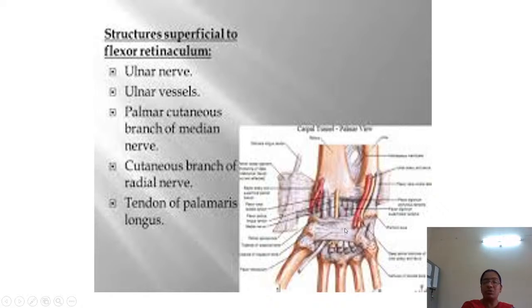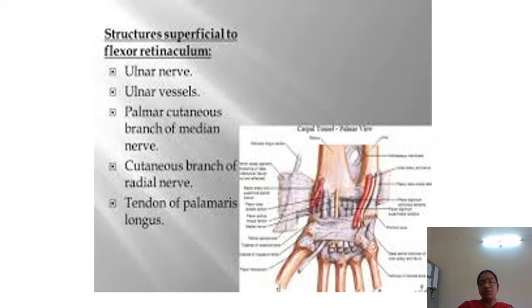You are seeing the ulnar nerve along with the ulnar artery. Next, the palmar cutaneous branch of the median nerve, the cutaneous branch of the ulnar nerve, and one tendon, which is called the palmaris longus tendon. So these are the things which are passing above the flexor retinaculum.